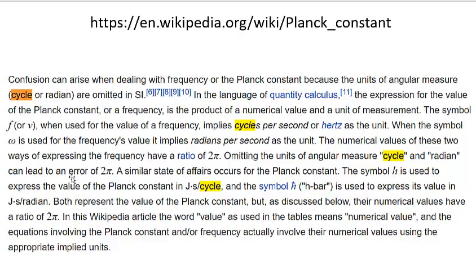The symbol h is used to express the value of Planck's constant, and the standard way is joules times second per cycle. So they're admitting here that in the mainstream, Planck's constant is joule times second per cycle. Seconds per cycle is the unit of the period.